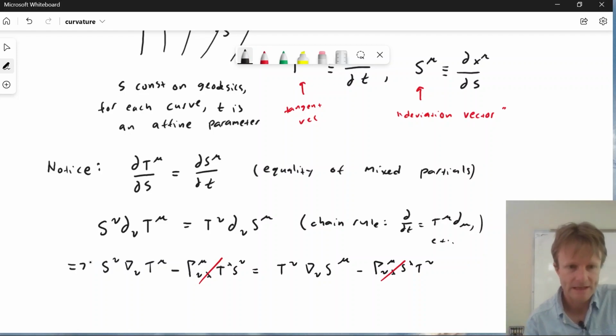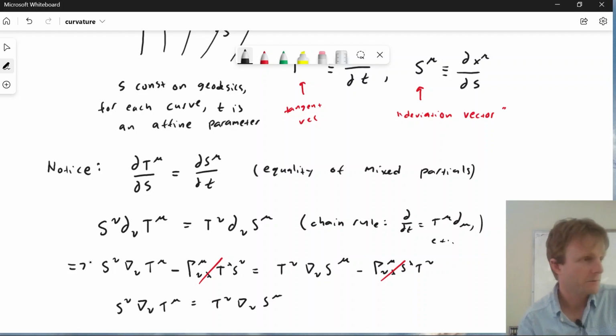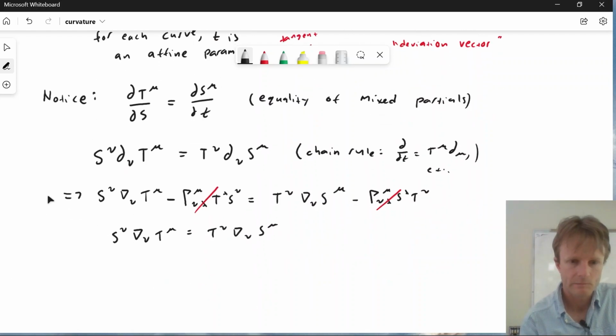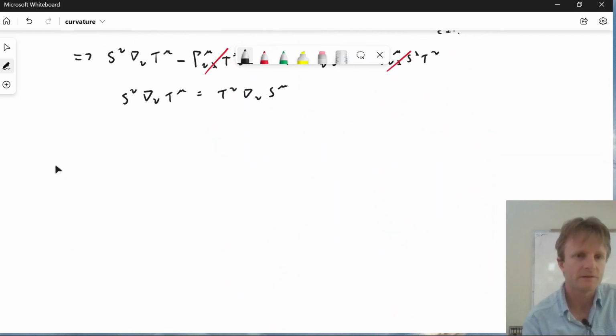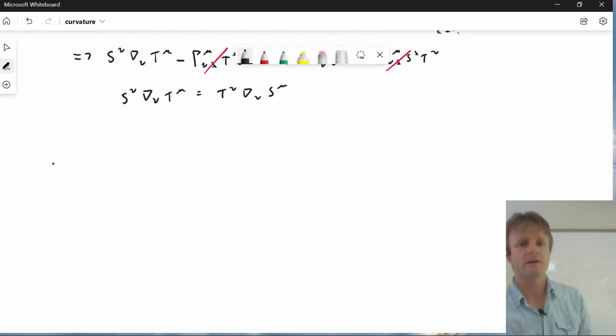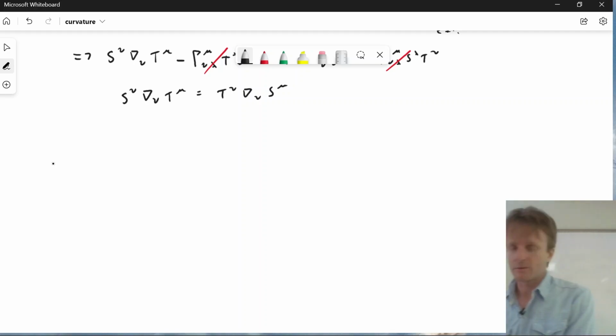And so we indeed have S^ν ∇_ν T^μ equals T^ν ∇_ν S^μ. Okay. So now what we've done is we've taken that equality of mixed partials in this construction and made it into a nice statement that just involves tensors and their relationship.